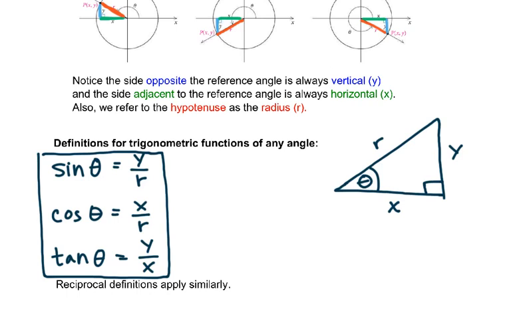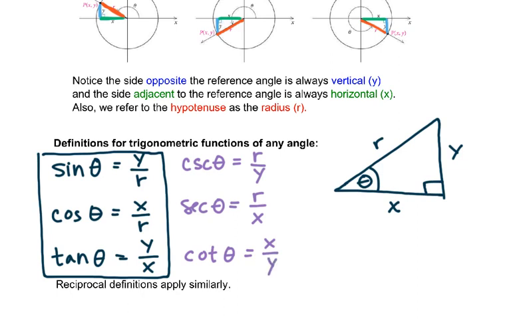We also know that these reciprocal definitions are going to operate in the same manner. So what is reciprocal to sine? That's cosecant theta. So cosecant theta is r over y. What is reciprocal to cosine? We have secant theta. That would be r over x. And reciprocal to tangent is cotangent theta, x over y.